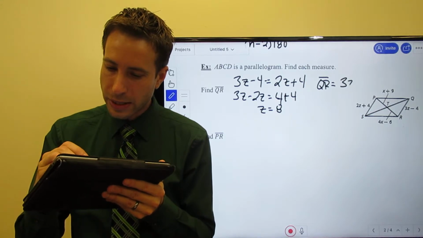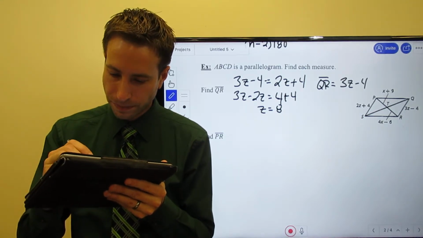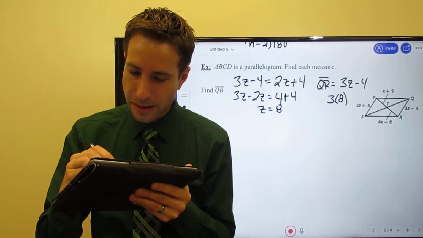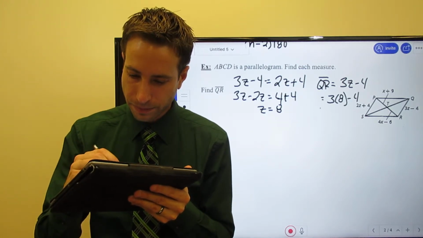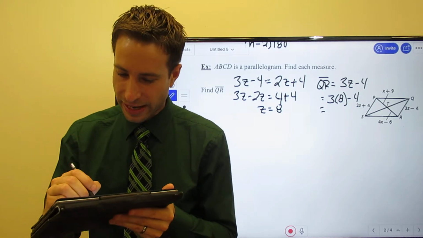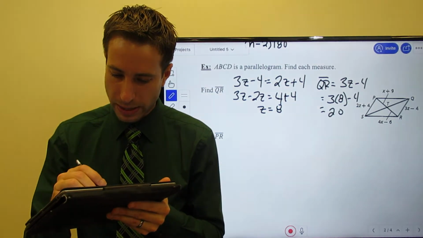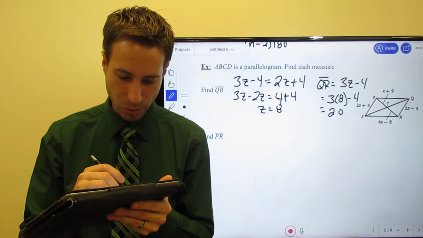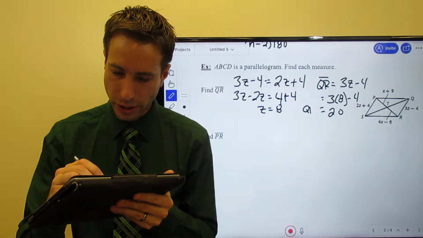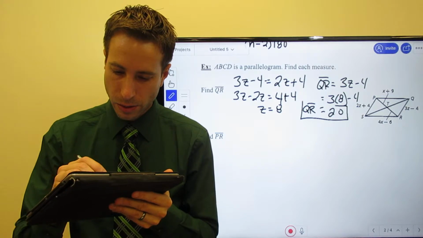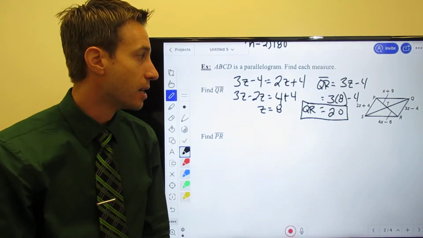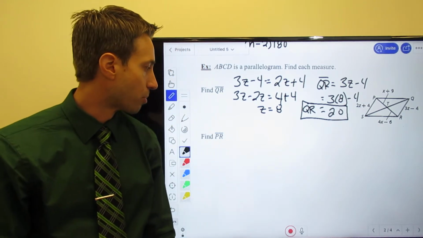QR is equal to 3z minus 4, which is going to be 3 times 8 minus 4. What did I wind up getting there? Yeah, 3 times 8 minus 4 is going to wind up being 20. So QR, I apologize, I don't know why I keep writing an 8. QR winds up being 20, whatever units, 20 units, thanks to solving that algebra problem.